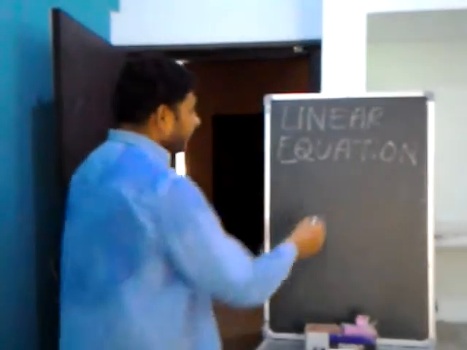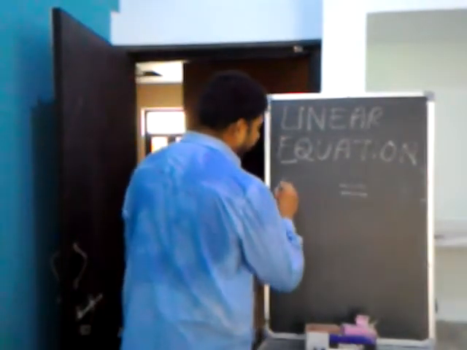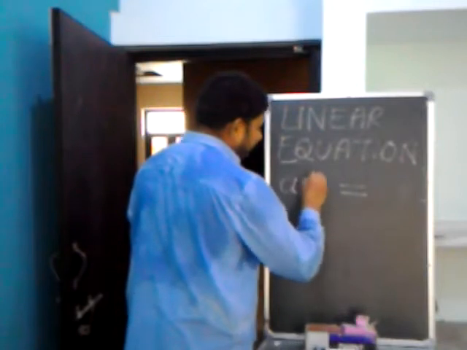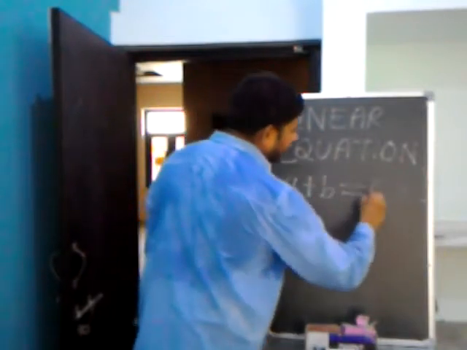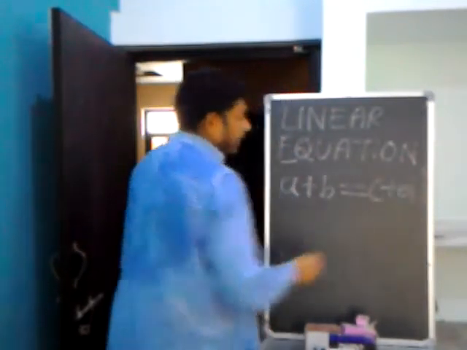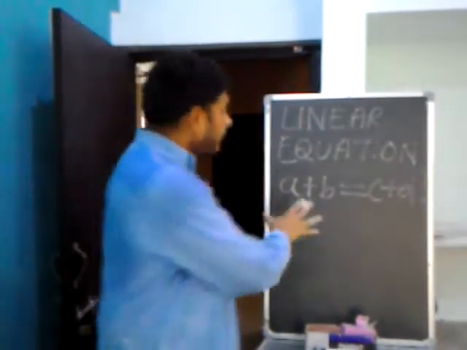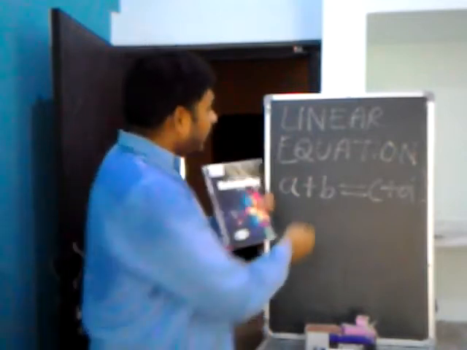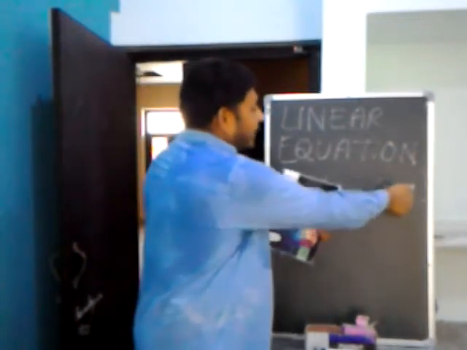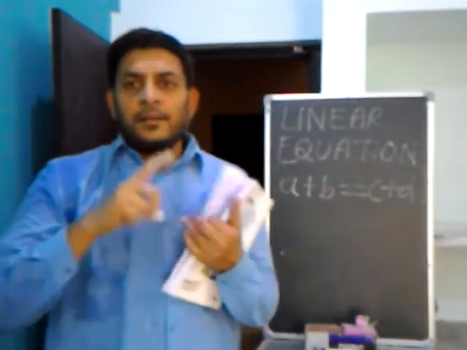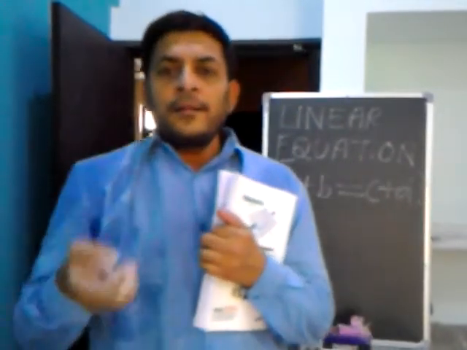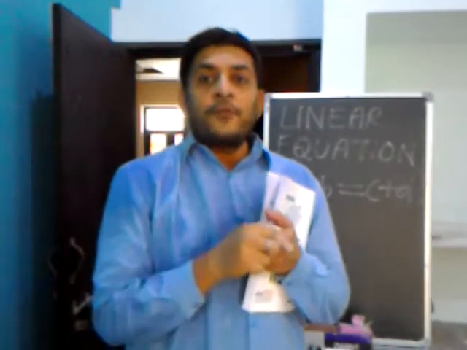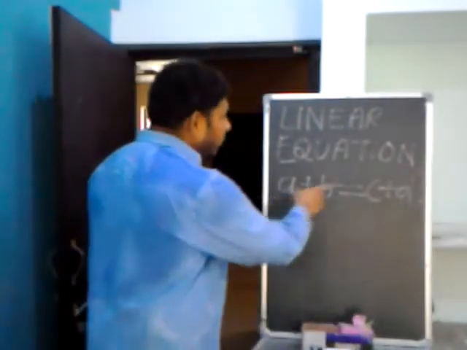Now what does it mean by equation? Equation is anything in which there is a right side and a left side, and this is not the only option. Here could be any operation, here could be another operation: multiplication, addition, subtraction, division, any of them or all the 4 can be done on both sides.